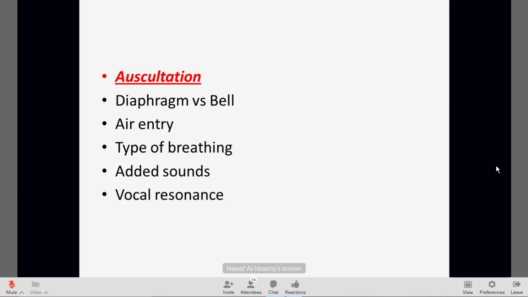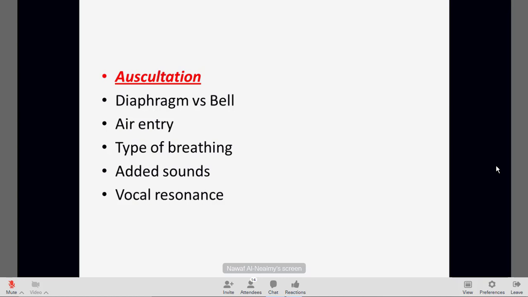Type of breathing أنا يعني عندي بالحقيقة 3 types of breathing. عندي the normal, it's called normal vesicular breathing. In this type, you might be able to hear that the inspiration comes first طبعا, and then there is no gap.